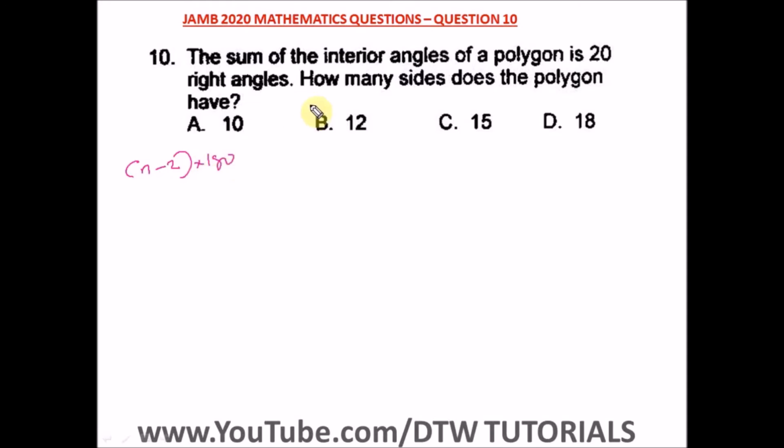We're told that this sum is equal to 20 right angles. I know that a right angle is equal to 90 degrees. So we have n minus 2 times 180 is equal to 1800.